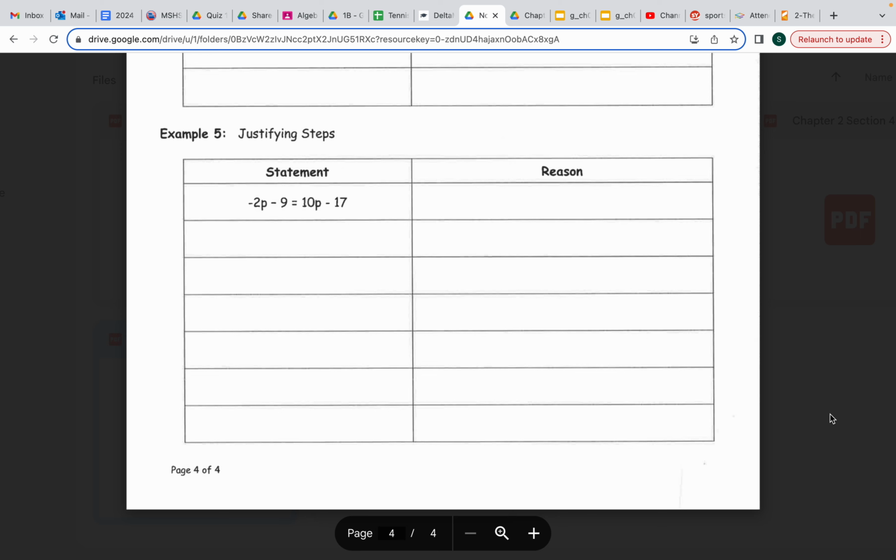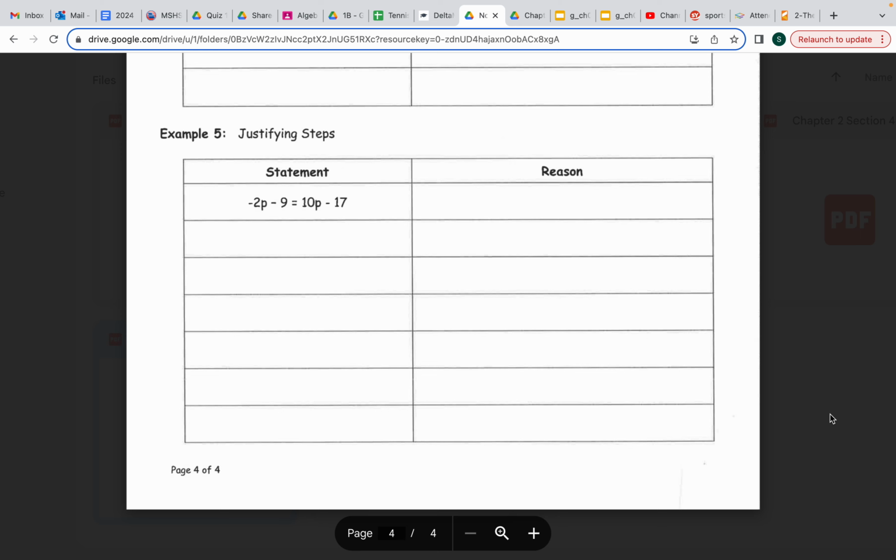Yeah, we need to divide by 12, okay? When you do this, we can just leave our answer as a fraction. If you put it as a decimal, that's fine as well. But as a fraction simplified, what would our answer be? 2/3. Okay, we can just put p equals 2/3. All right, what property is that? Division.